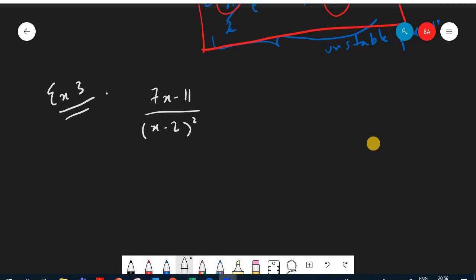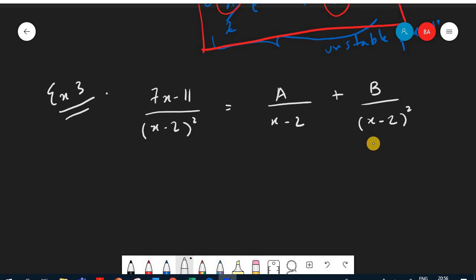Because I have it repeated, the way to decompose it is A over x minus 2 plus B over x minus 2 the whole thing squared. This is the way to decompose if I have something that looks like that.